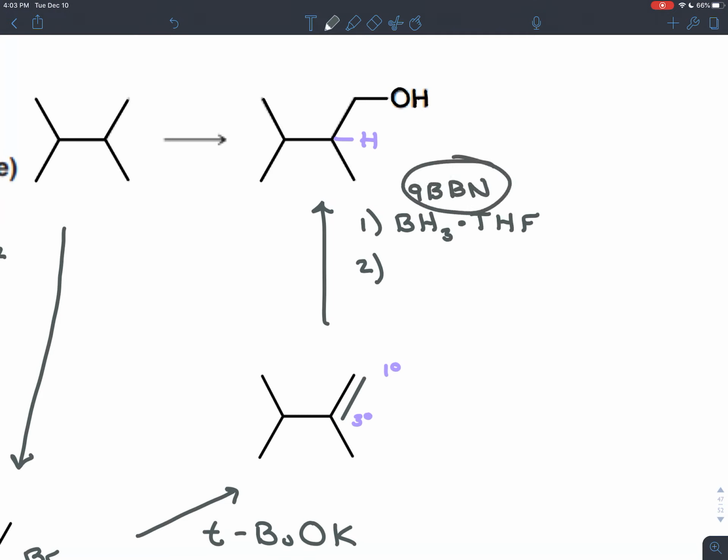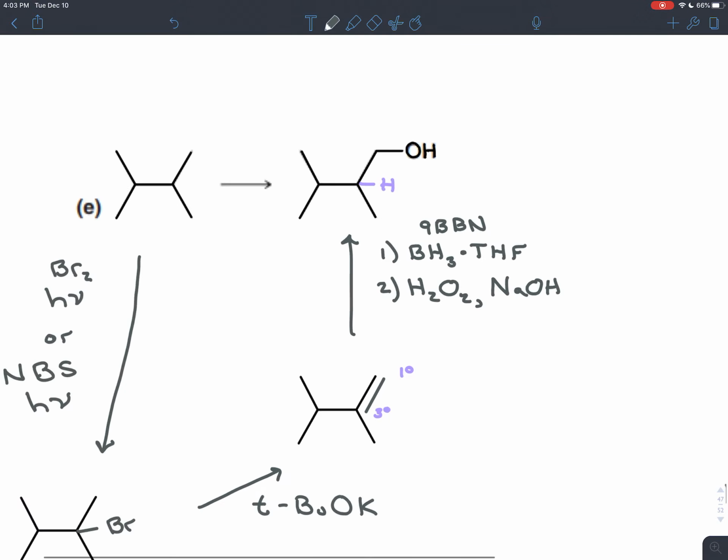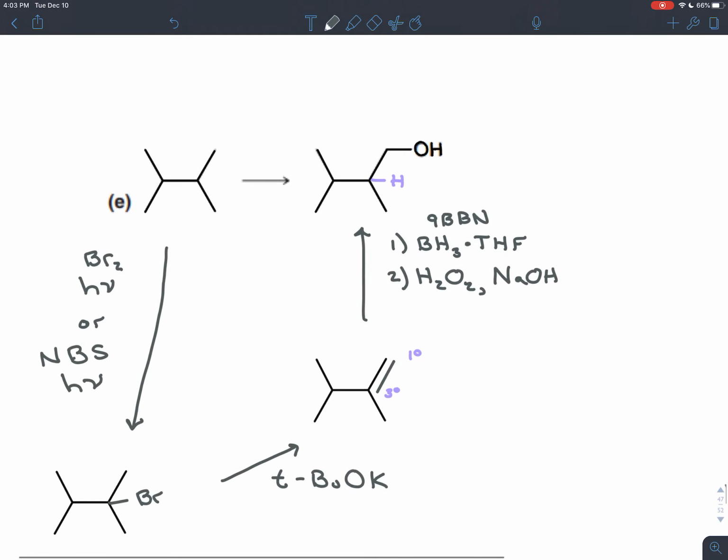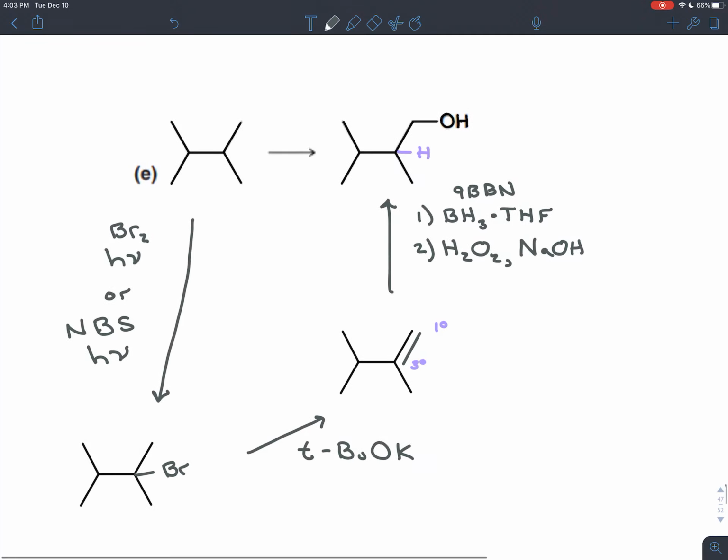It's a solid, so it's easier to work with. This is a gas. Both of the boron compounds are toxic. In the second step, you'd use hydrogen peroxide followed by sodium hydroxide. And that hydroboration oxidation would add the OH onto the less substituted carbon, the hydrogen onto the more substituted carbon.